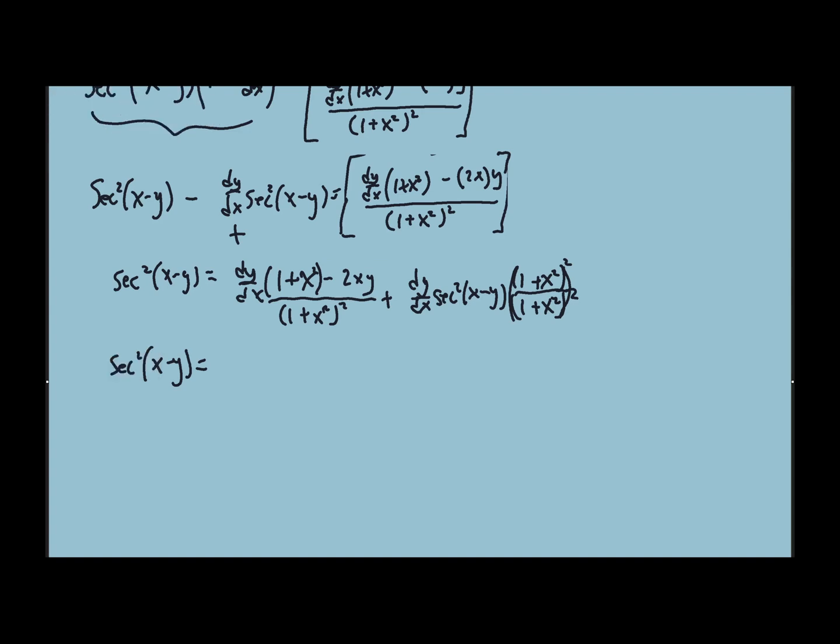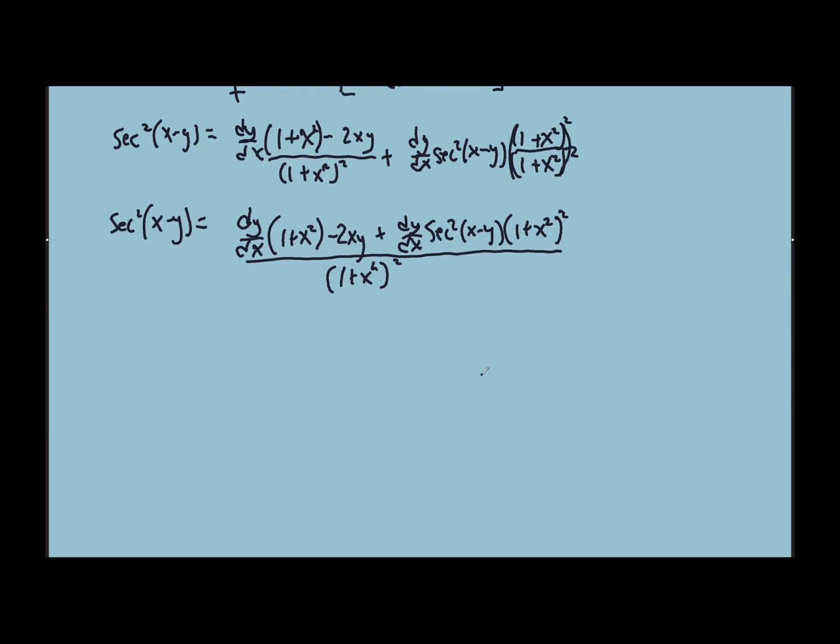I want to rewrite the whole thing. So we'll have dy dx (1 plus x squared) minus 2xy plus dy dx secant squared (x minus y), times (1 plus x squared) squared, and all of this is over (1 plus x squared) squared.